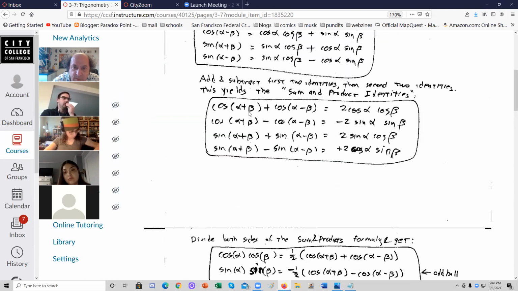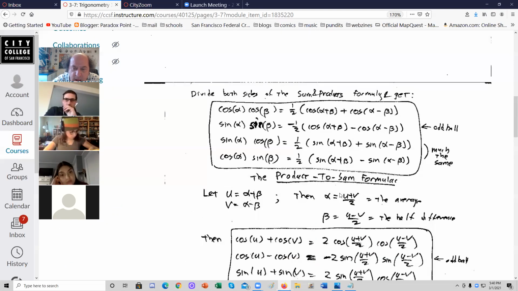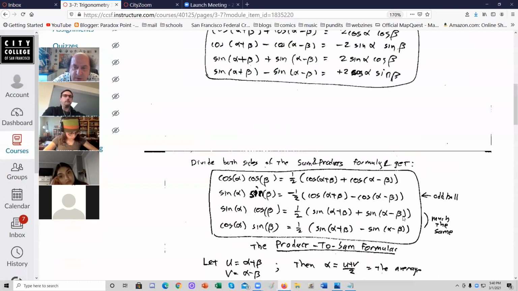Now, if we go from here and call alpha plus beta u, and call alpha minus beta v, then you can get that alpha is (u plus v) over 2, the average, and beta is (u minus v) over 2, the half difference.